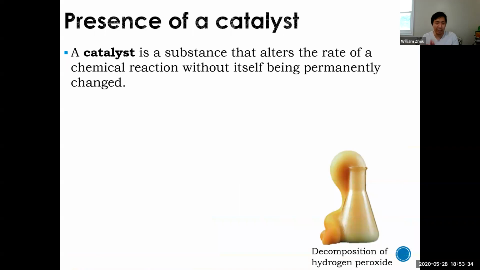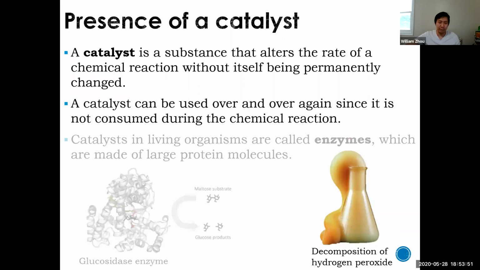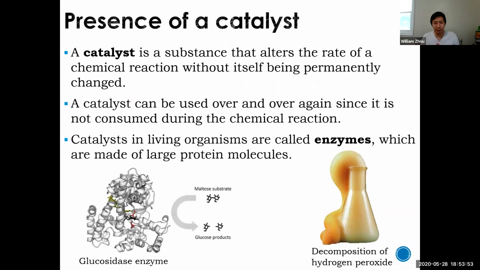And the last one, a catalyst is something that increases the rate of reaction, but it is not consumed. All right, so after the reaction, it is still there. You can use it again and again and again. So in biological systems, we also have catalysts. It's just that they're made up of proteins, and we call them enzymes.